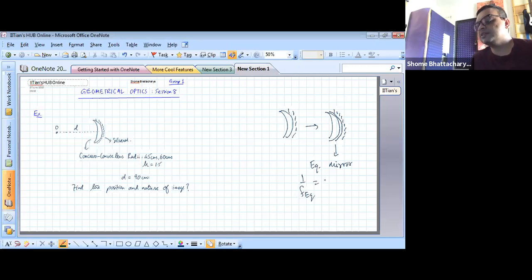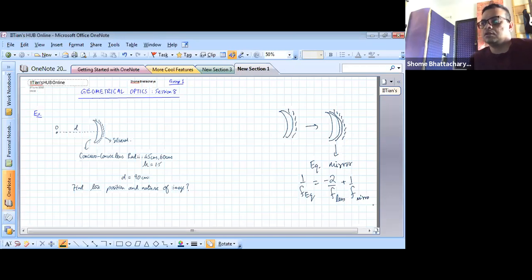In Cartesian sign convention, it is with algebraic sign. Right, so just try this by this method now. And then of course you can use the mirror formula to find the position of the image.